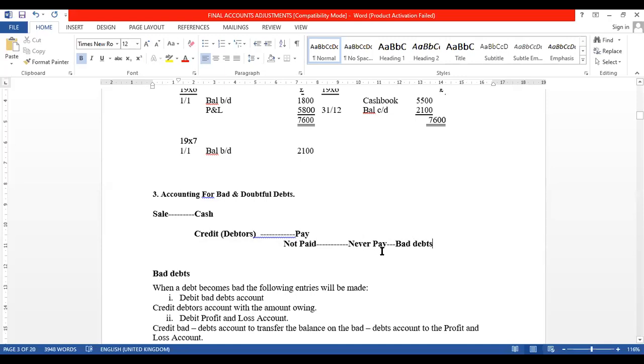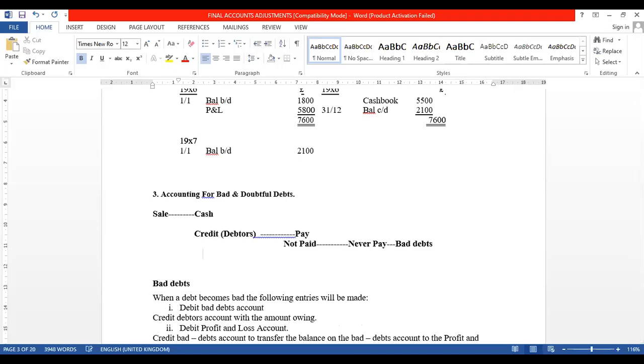If there is a likelihood that it will be paid one time or another, these people will be classified as doubtful debts.